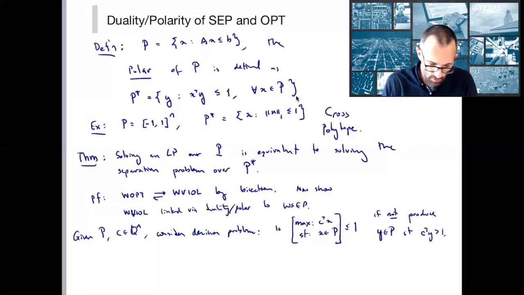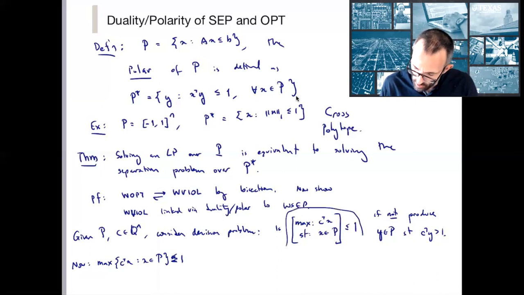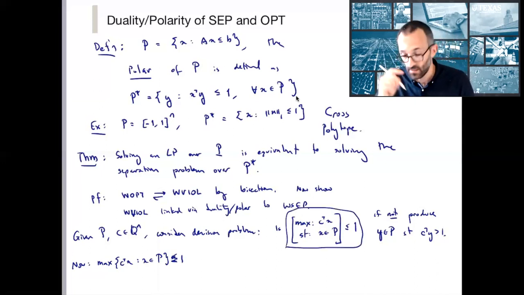But note that this max of C transpose X subject to X in P being less than 1, if this were to hold, what does that actually mean? That's exactly saying, looking back here, that C is in the polar.